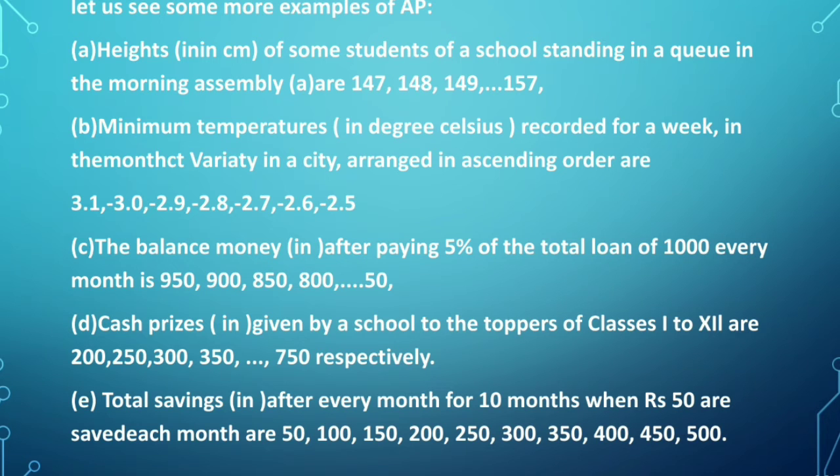Next, the balance of a loan of 1000 after paying 50 every month is 950, 900, 850, 800, and so on up to 50.